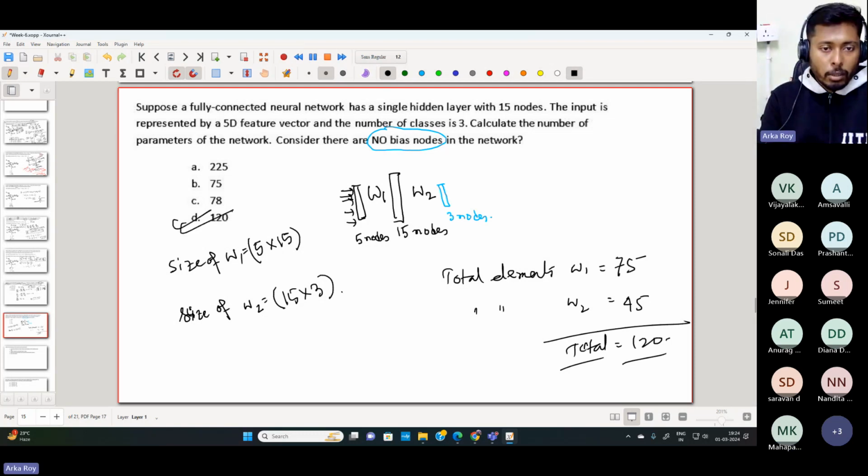So option D is the correct option. Had the bias terms been included, the number of parameters would change, but they have considered the number of biases equal to 0, because they said that no bias is required to construct this model. So you don't have to think about the bias terms.